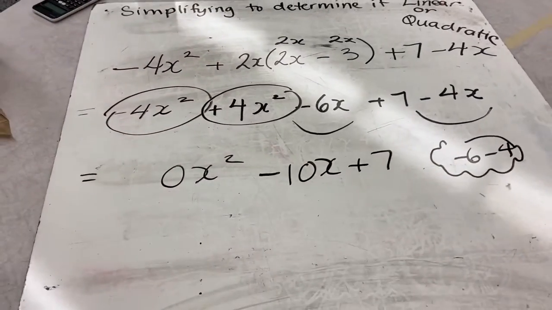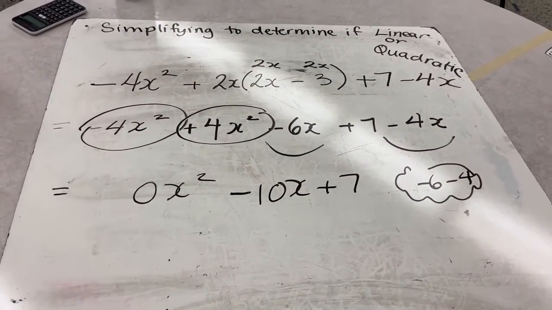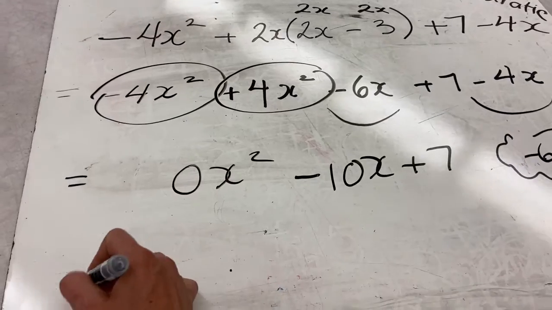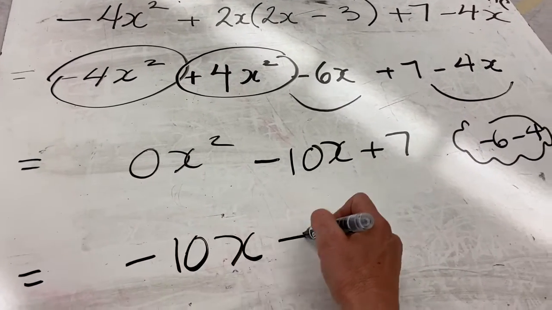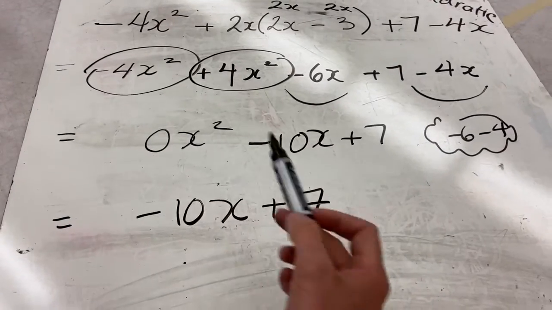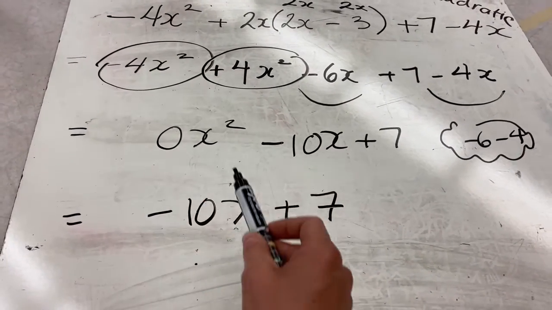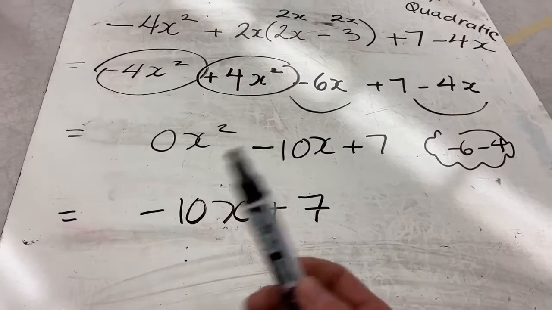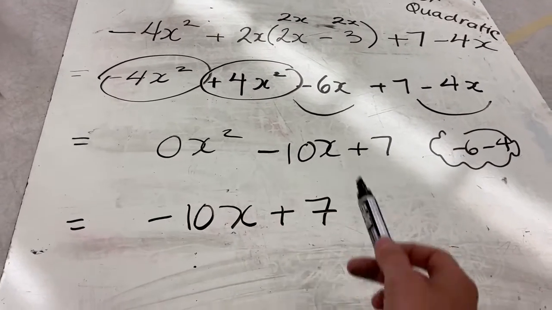So when I look at this, I'm going to rewrite this a simpler way. I don't need that 0x squared. I'm just going to write negative 10x plus 7. And if I want to graph that, I can see that my rate of change, or my slope, is negative 10. It's jumping down 10 every x, and it's starting at 7.